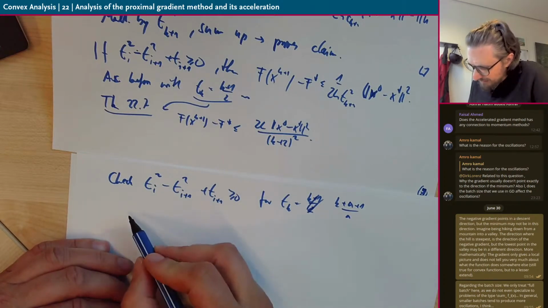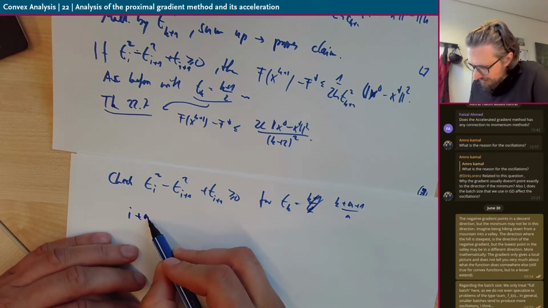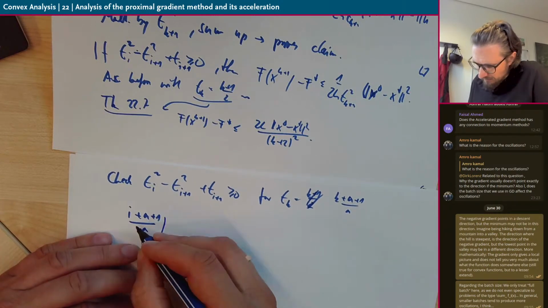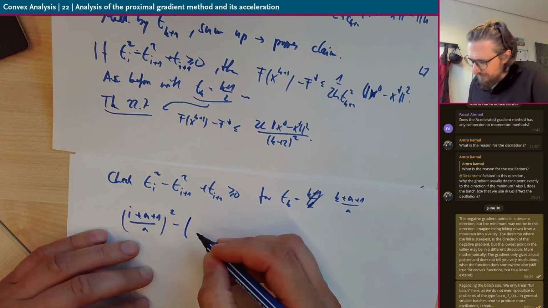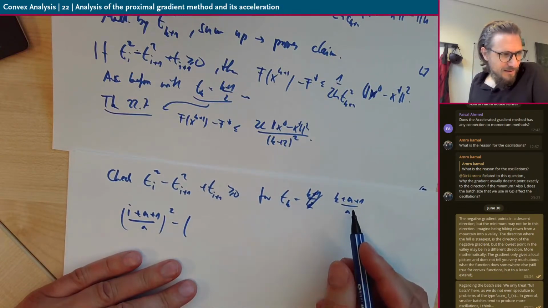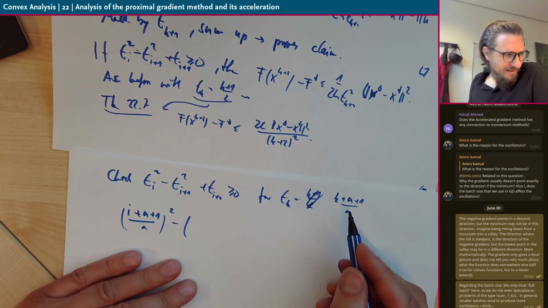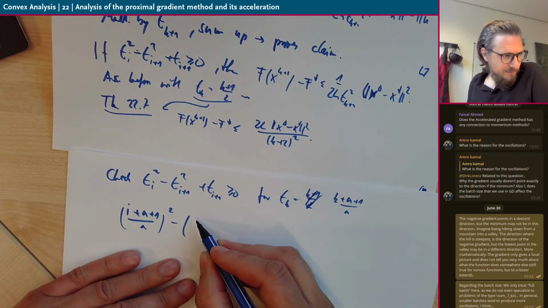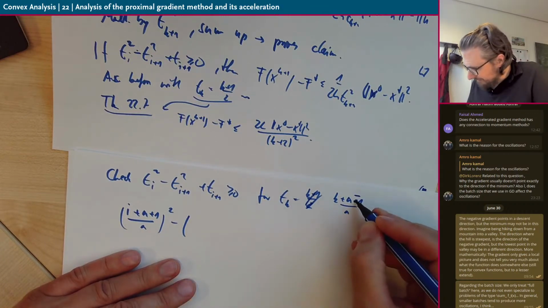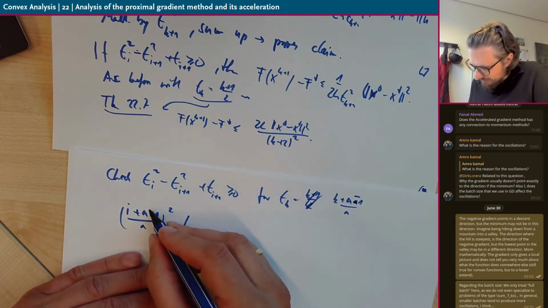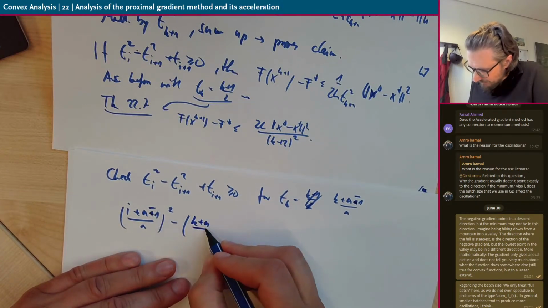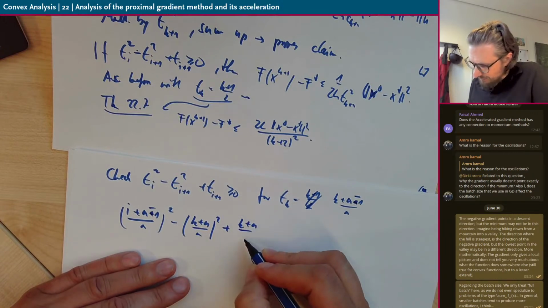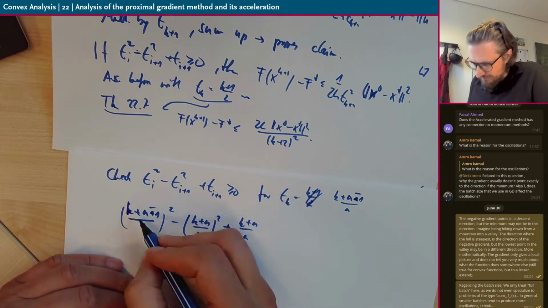So if we do that here, we get ((k plus a plus 1) over a) squared minus, there was a minus here, and then this gives us ((k plus a) over a) squared plus (k plus a) over a, or let's do it with k's instead of i's.